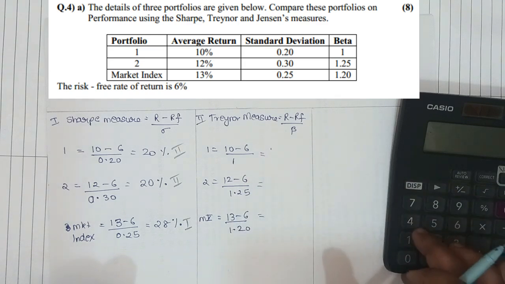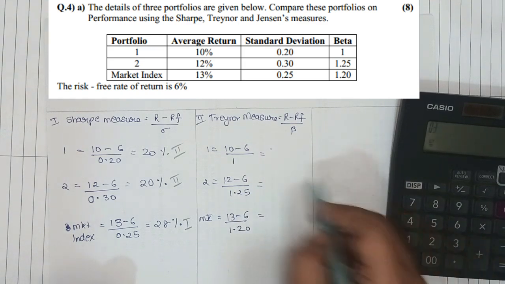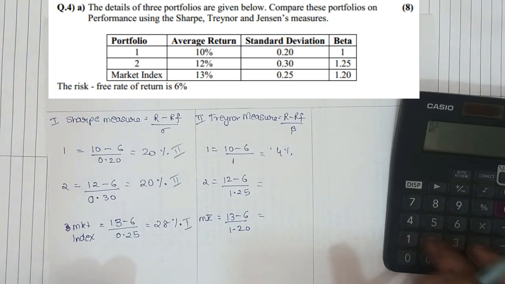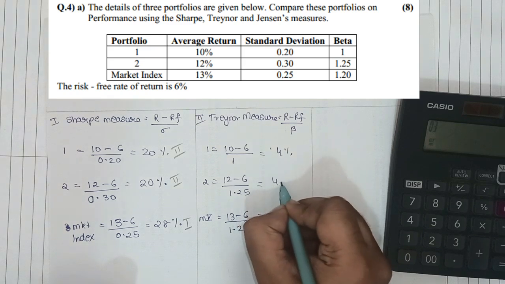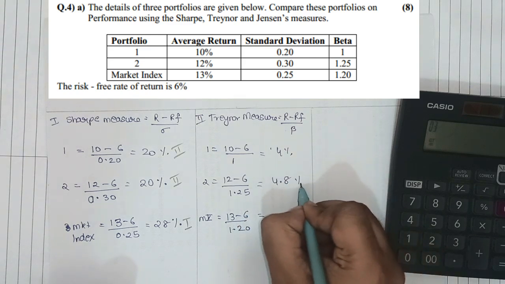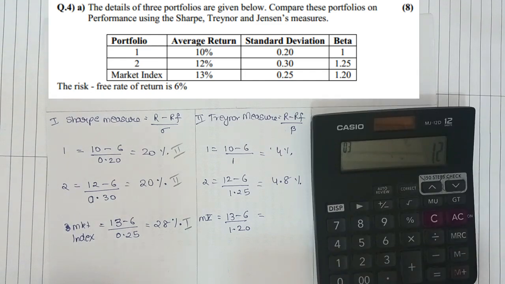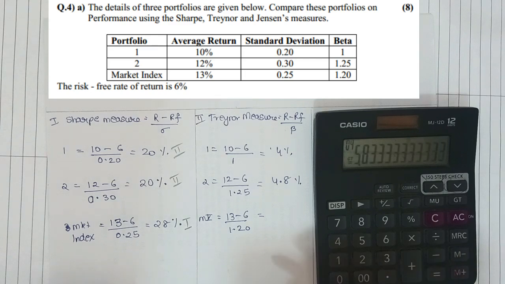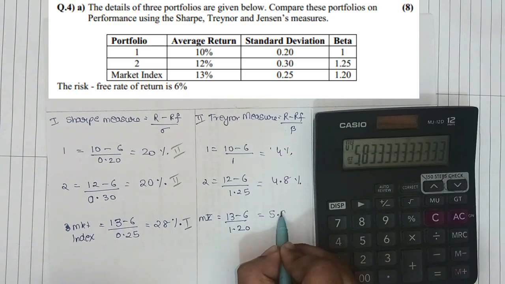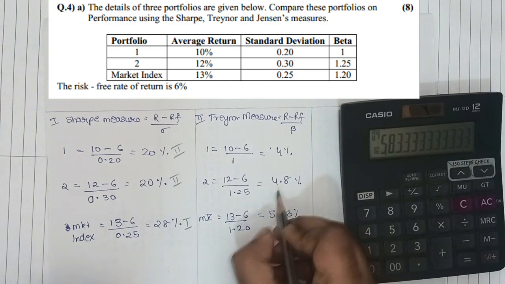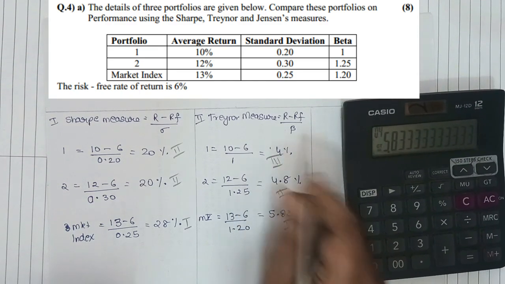Okay, so 4 divided by 1 is 4%, 6 divided by 1.25 is 4.8%, and 13 minus 6 divided by 1.2 is 5.83%. Again rank wise, this will be rank 1, this will be rank 2, and this is rank 3.